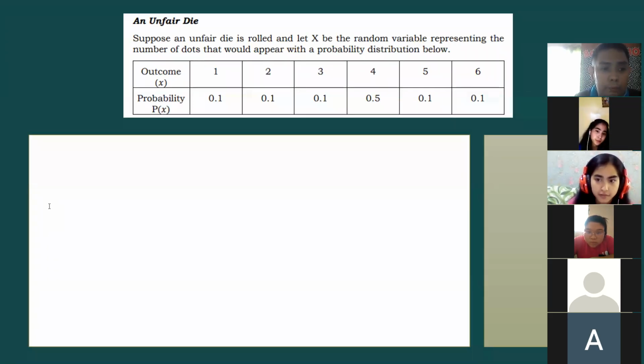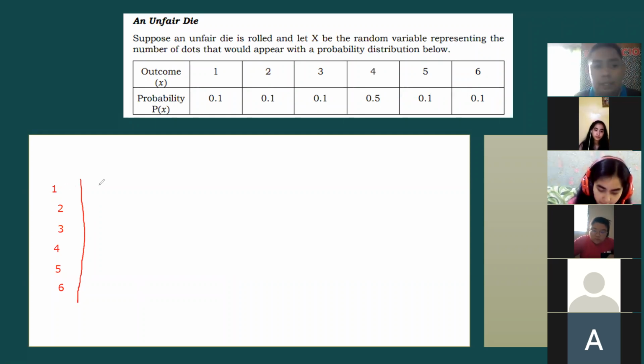So let's start with 1, then we have 2, then 3, 4, and 5, and 6. So that's our first line. So ayan ang ating variable x.